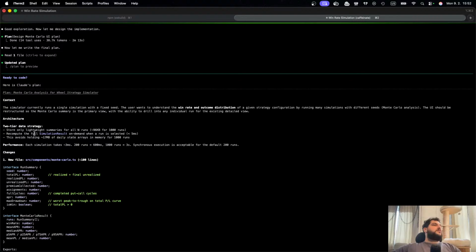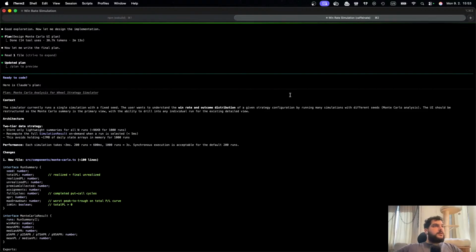Okay, so the simulator currently runs a single simulation with a fixed seed. The user wants to understand the win rate and outcome distribution of a given strategy configuration by running many simulations with different seeds. Monte Carlo analysis. The UI should be restructured so the Monte Carlo summary is the primary view, with the ability to drill into any individual run for the existing detailed view.